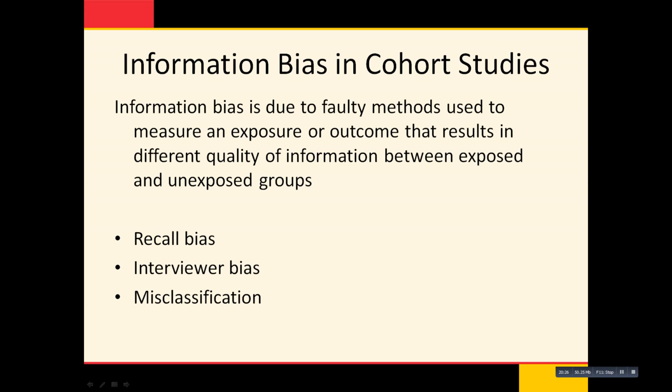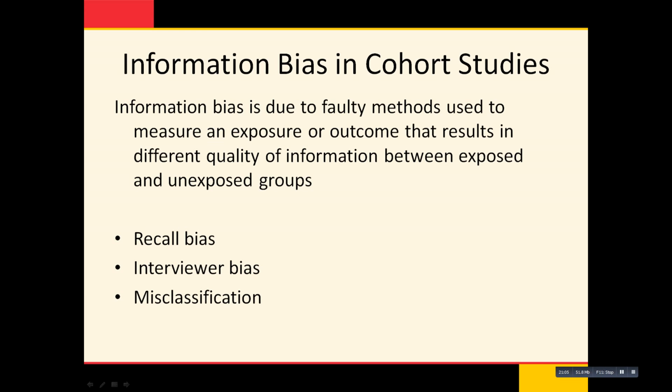They might query or probe more deeply if they knew that the folks they were interviewing were exposed to that drug. A way to minimize that is to not let interviewers know whether the individuals they're talking to are in the exposed or unexposed group, and also to potentially not share the hypothesis you're looking for. You have them ask a lot of questions on a lot of variables so that there's less tendency toward interviewer bias, because they're treating exposed and unexposed groups differently.